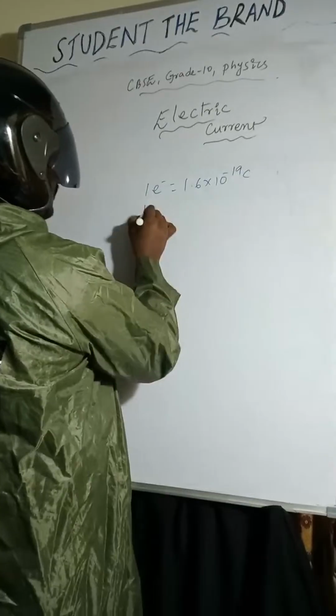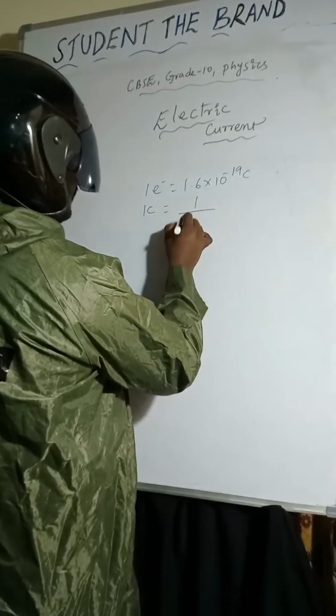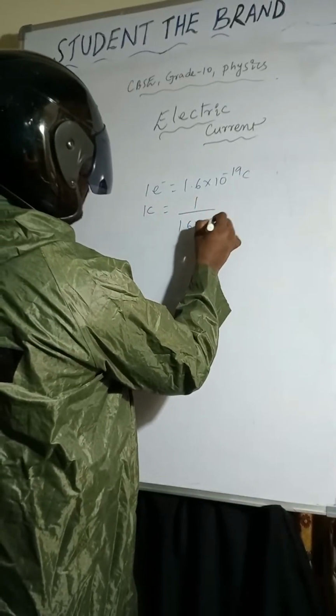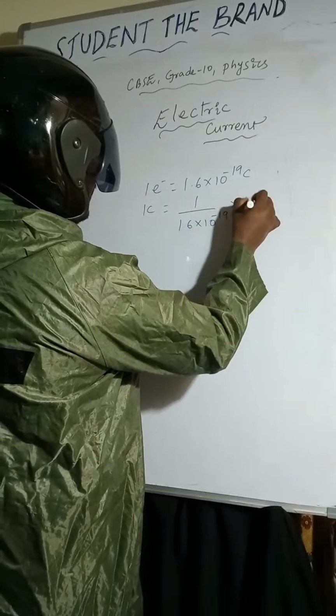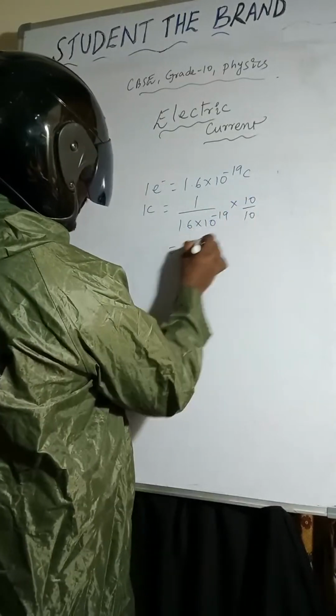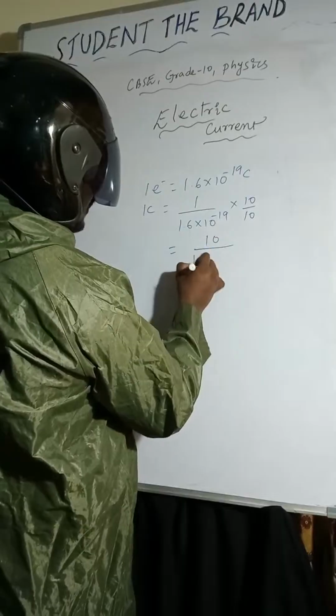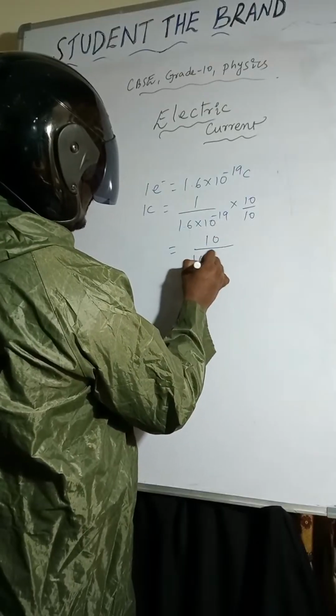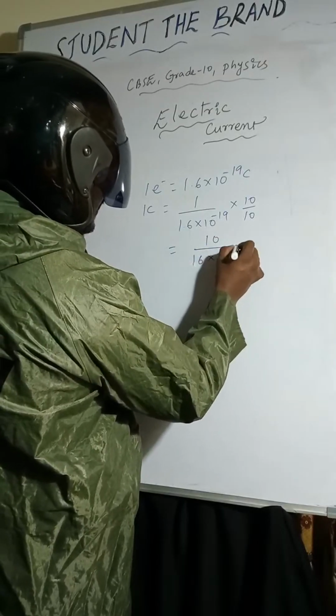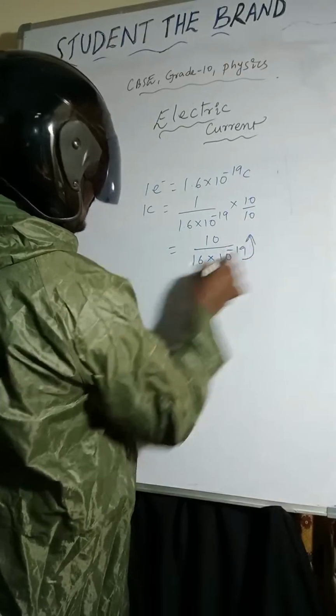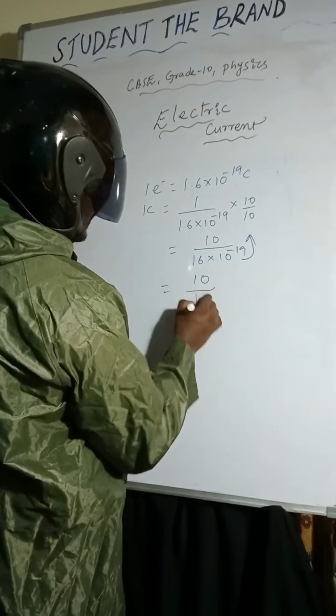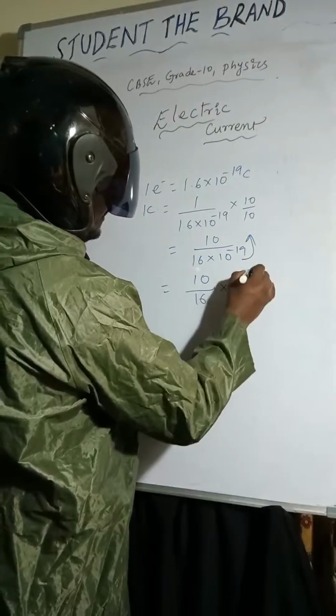In 1 coulomb, how many electrons are present? 1 divided by 1.6 into 10 power minus 19. Multiplying by 10 on top and bottom, we get 10 by 16 into 10 power 19.